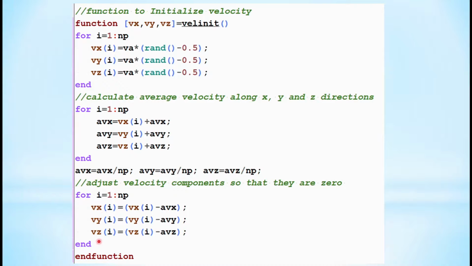Vx is equal to Vx minus Avx, Vy is equal to Vy minus Avy, and Vz equal to Vz minus Avz. Finally, end function. So in this way, we are going to initialize the velocity components Vx, Vy, Vz for all the particles, and we have made sure that sum of the components of velocities of all the particles along the 3 axes is 0. So there is no net momentum along any direction.